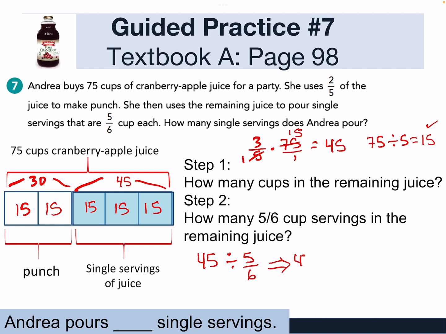You take the 45 and you use the inverse operation, multiplying by an inverted fraction. You're going to multiply by 6/5. And there's 1 5 and 5, and there are 9 5s in 45. 9 times 6 is 54. And there are 54 single servings of juice that Andrea pours.